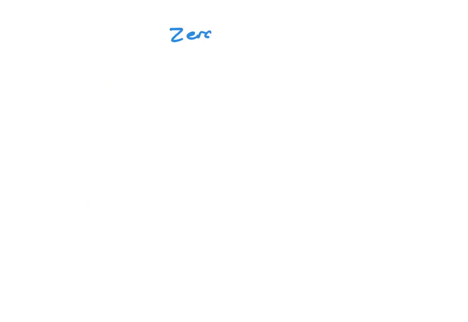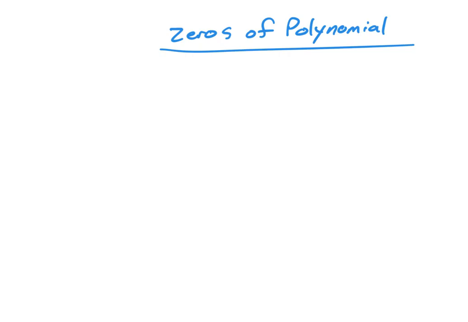Remember that when we talk about the zeros of a polynomial, if I have a 0 of 4i, then negative 4i is also a 0. They always come in pairs. Same thing goes for a radical.